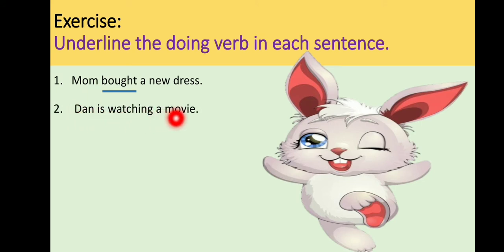Dan is watching a movie. What is doing verb here? Watching. Watching is showing an action, so it is doing verb. The sun shines brightly. Can you see the doing verb here?